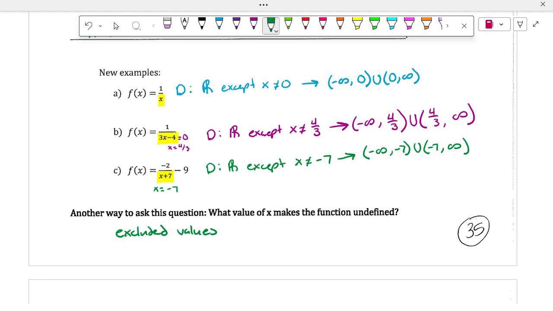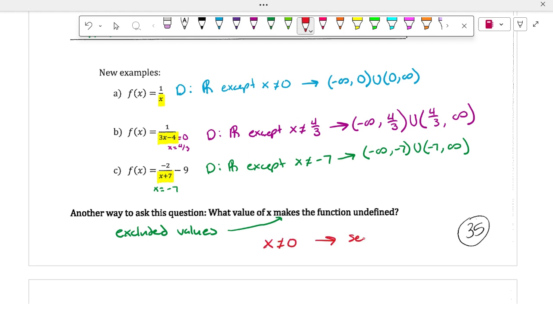When you get to Math 3, you'll do a lot more with rational functions, and they'll be harder than the ones we see now. But we're looking at the bare basic ones. So values that make the function undefined are called excluded values, essentially where the denominator cannot equal 0.